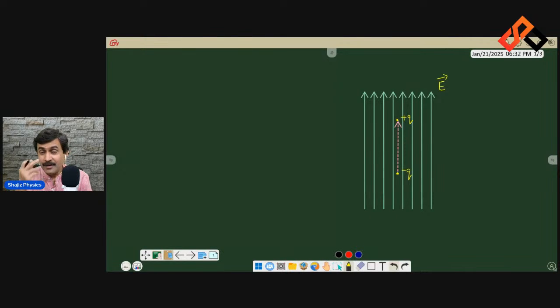Now, whenever you see this kind of uniform electric field, what all things will you be able to read between the lines? That is my question. Normal students know this is a uniform electric field. By seeing such a field, what will you be reading beyond this image?